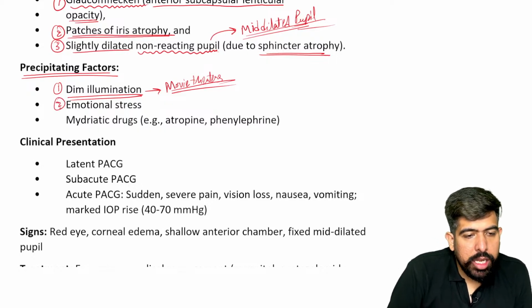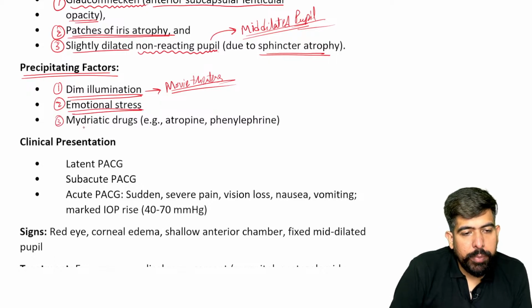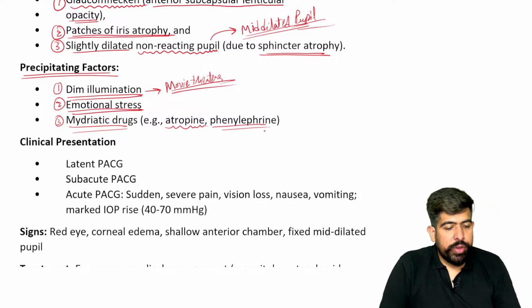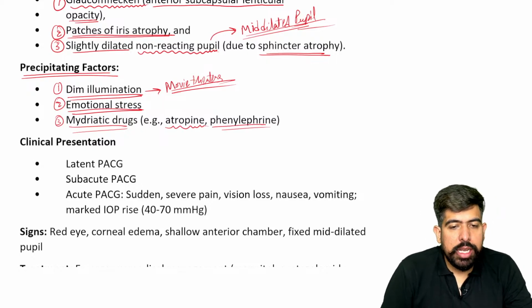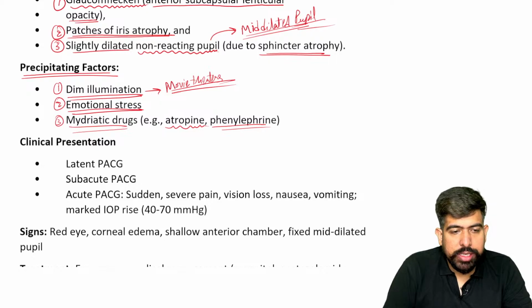The second is emotional stress, and the third one is mydriatic drugs. If the patient is having atropine or maybe phenylephrine, this can be a precipitating factor, right? Not only this, these are the factors which can cause it.